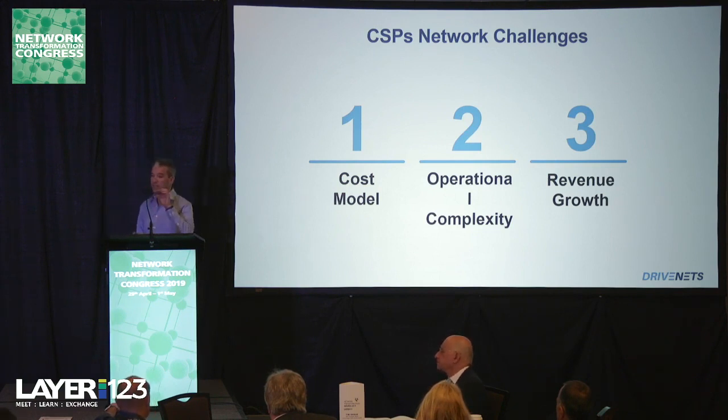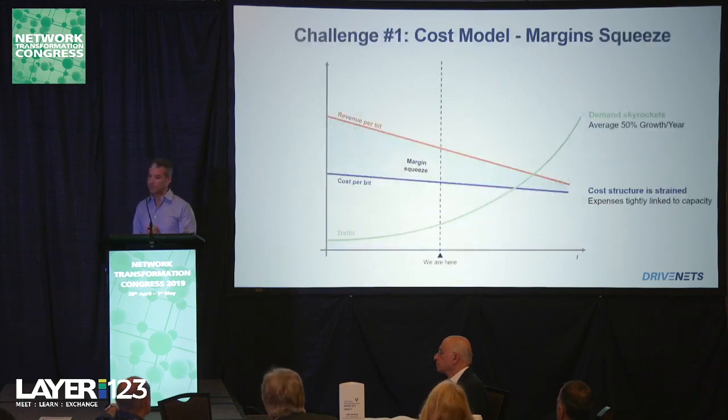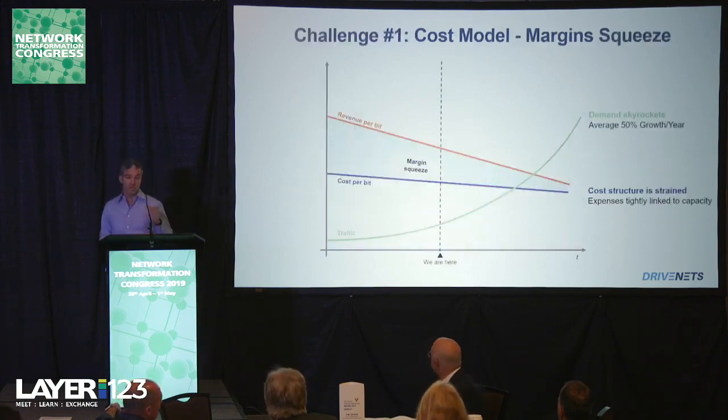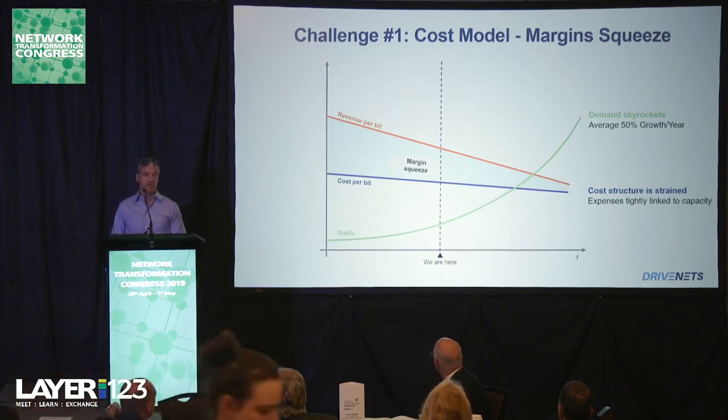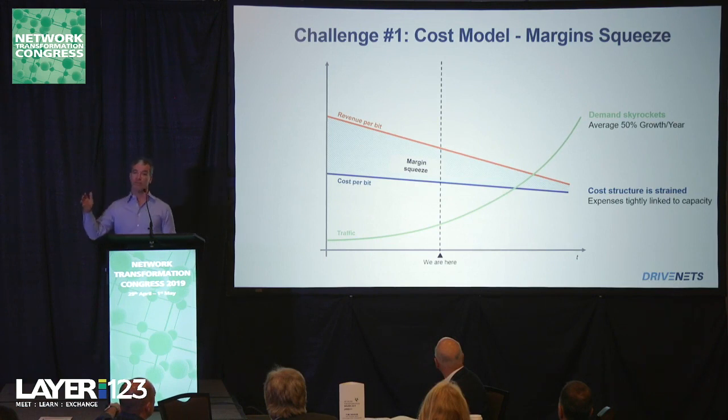Let's just look even deeper. What are the reasons and the impacts of these challenges? So the demand for the network increases like skyrockets. 5G networks, video that goes from high definition to 4K, and now from 4K to 8K, and gaming and everything. So the demand increases.